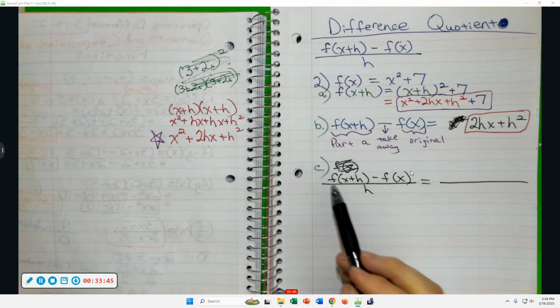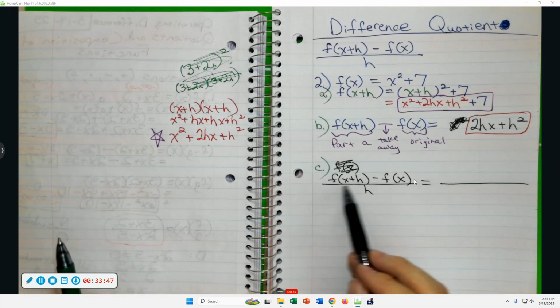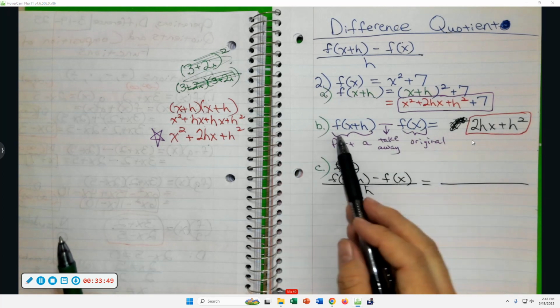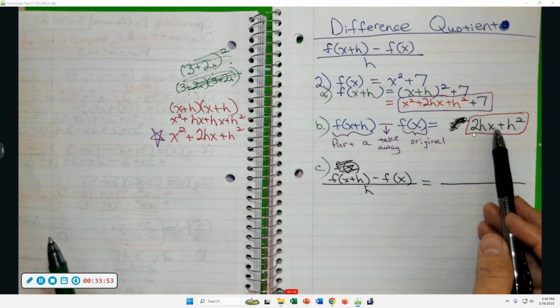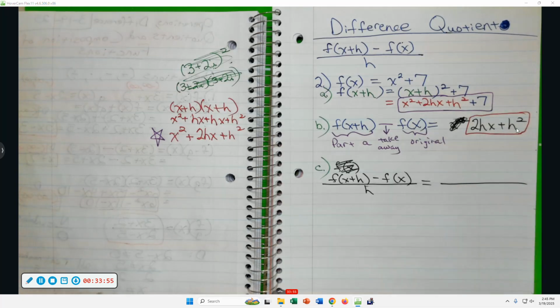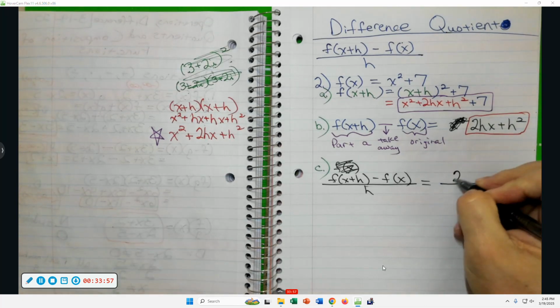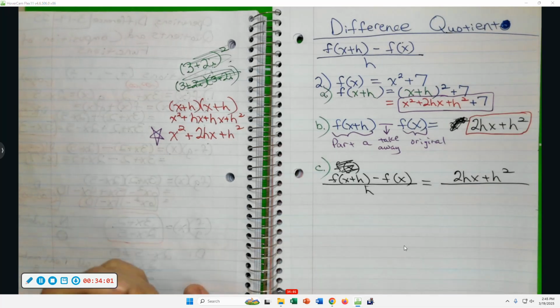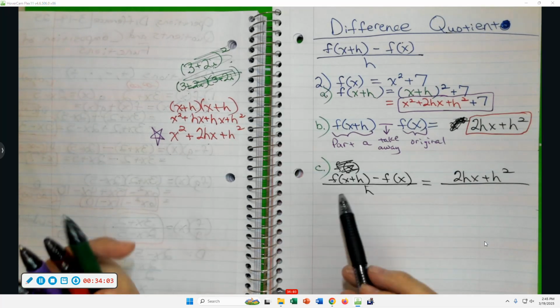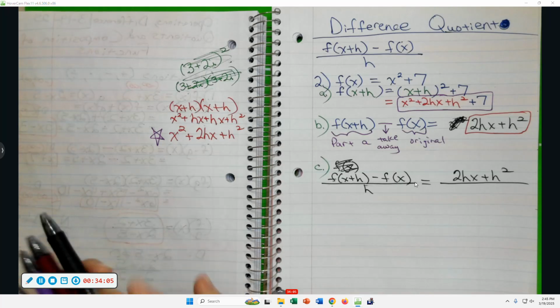Look at this top. F of x plus h minus f of x. Isn't that what we just found here in part B? So we just take that answer and write it down here on top. 2hx plus h squared. So you're taking the answer from part B. I'll make a note.